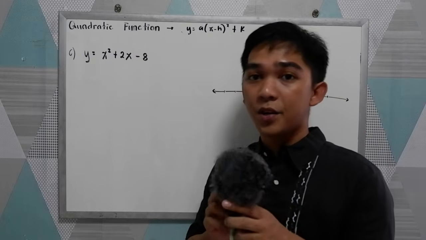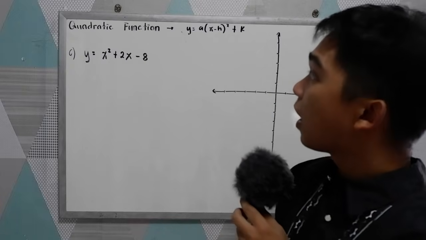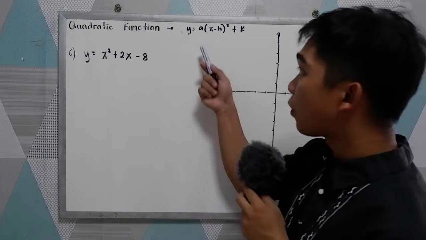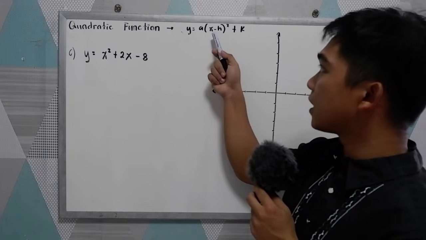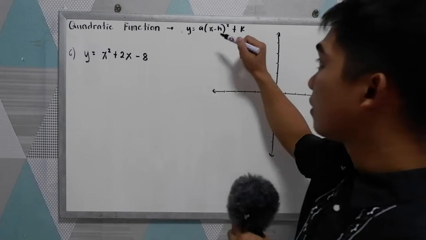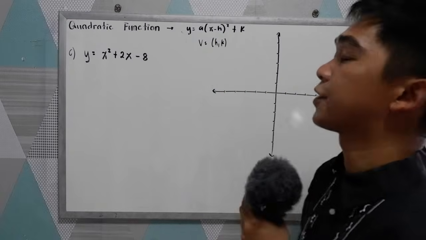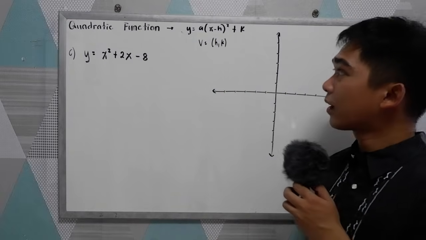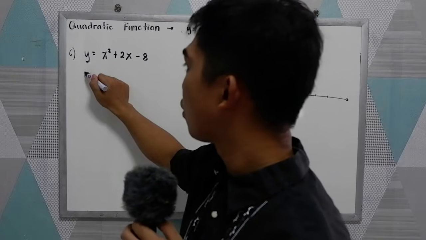Before finding the domain and range, let us first graph this function. We know that in your grade 9 lesson on quadratic functions, we have our vertex form, y is equal to a quantity x minus h raised to 2 plus k, wherein (h, k) is the vertex. Let us find the vertex. We write it into vertex form.